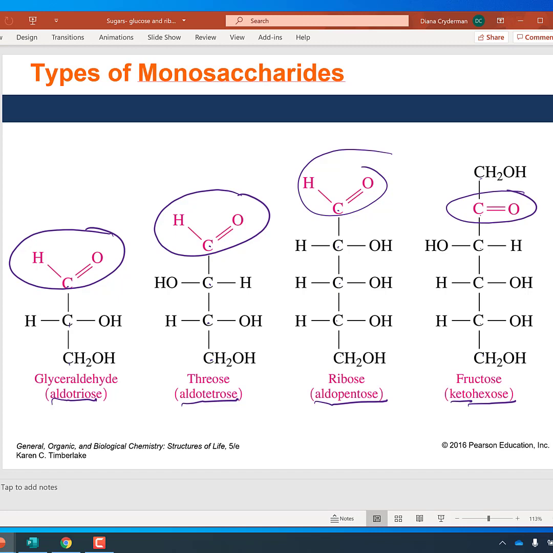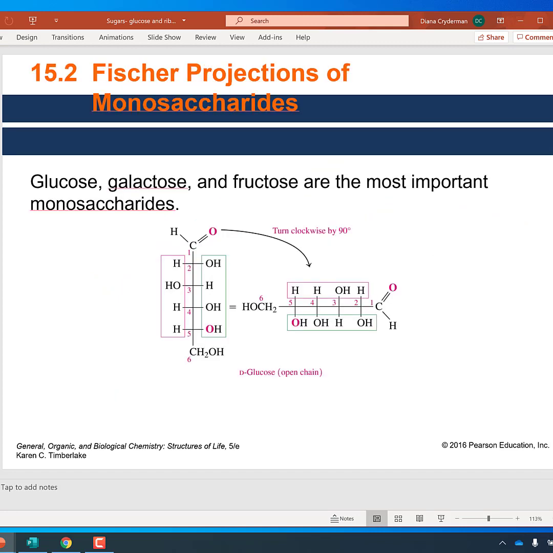Okay, so let's look at how we have these laid out. And again, we've talked about this already in the past, but how we've been seeing these monosaccharides drawn out is called the Fischer projection of a monosaccharide, where we've drawn all of these carbon atoms in a T. And so here is the Fischer projection of D-glucose.